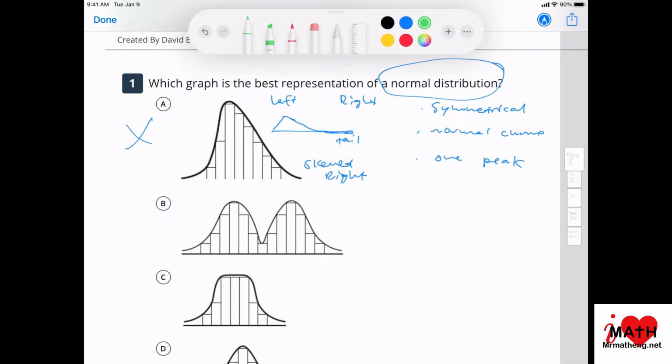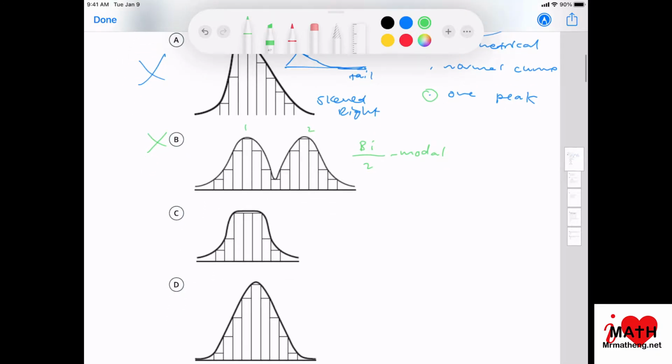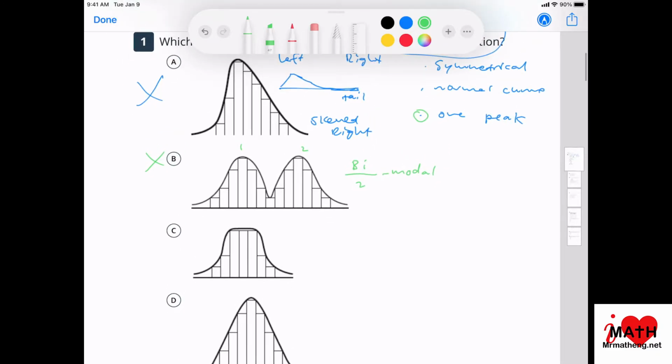B, this one we would have kind of like two bumps, so we would call this one bi, for two, bimodal. So not this one, because it doesn't have that part. Okay, this one, if you cut it in half, would be symmetrical with one peak, or unimodal.